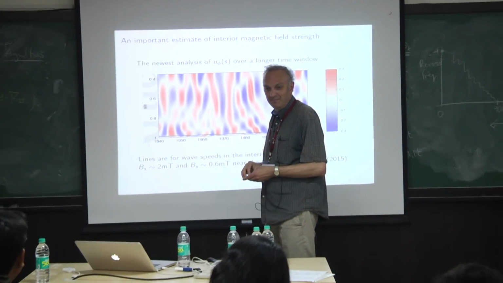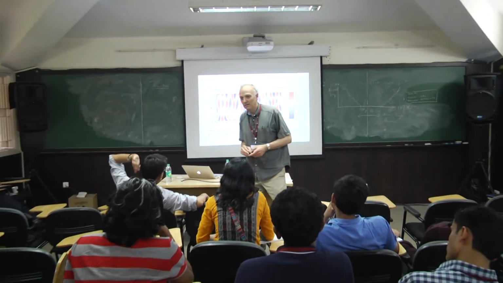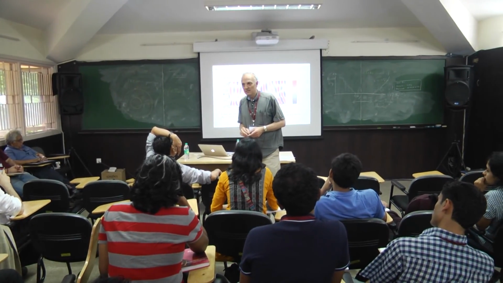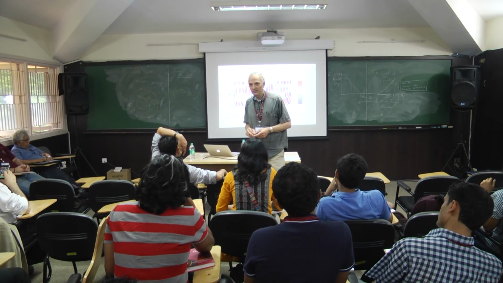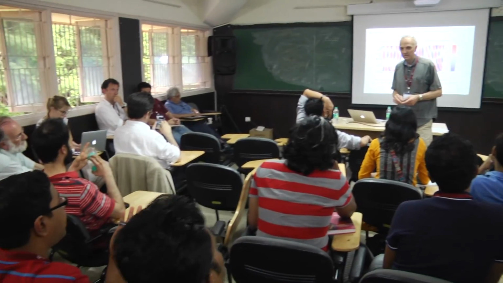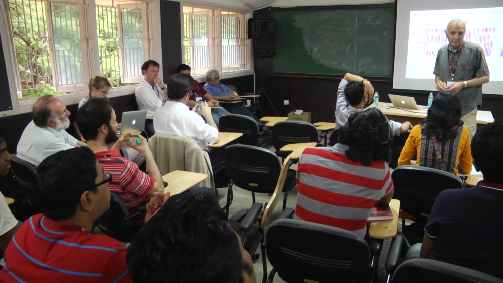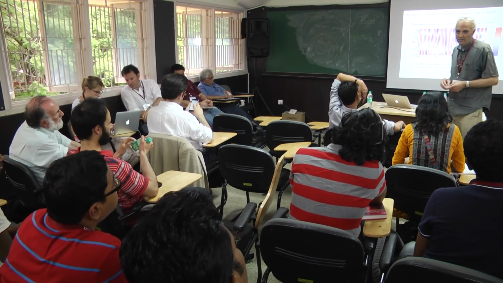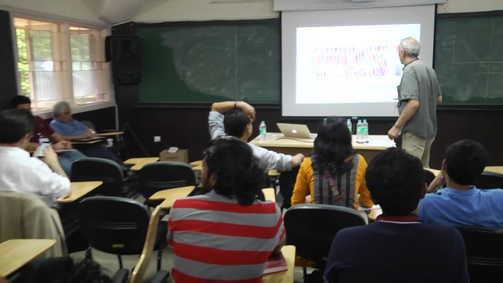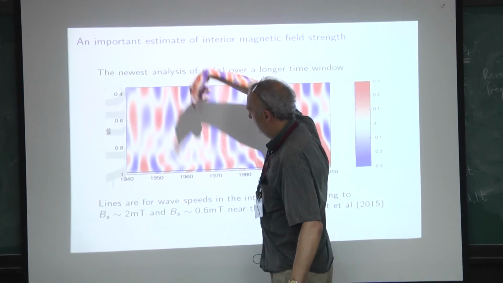Do they suppose that torsional oscillations can move only from the tangent cylinder towards the equator? No, they don't assume it at all. Does it mean that the wave is going from the equator towards the tangent cylinder? Well, that would do, but this is the tangent cylinder. That's the equator.